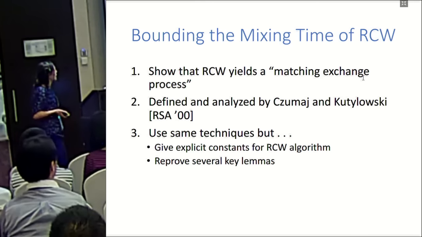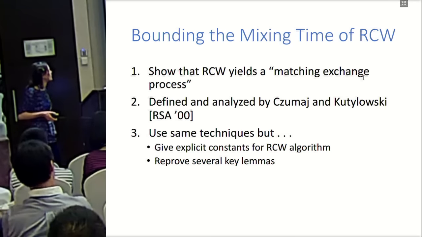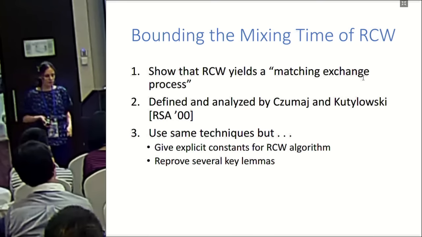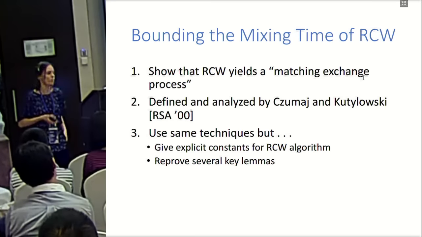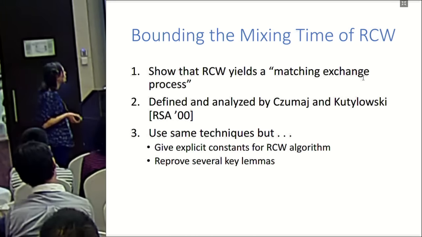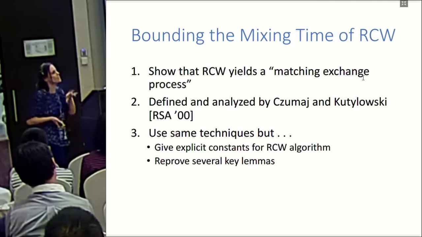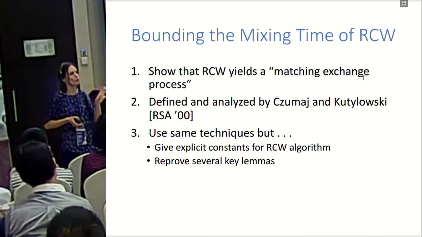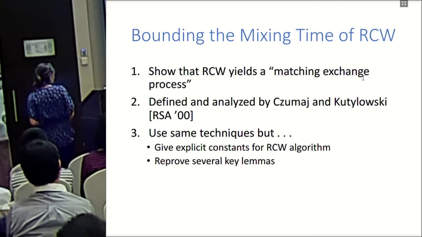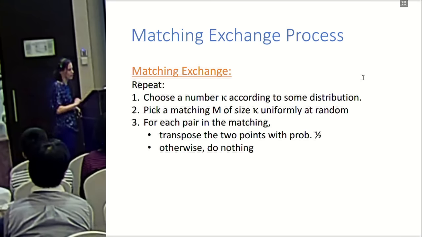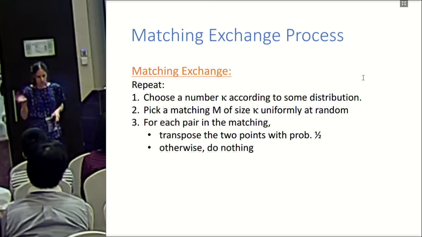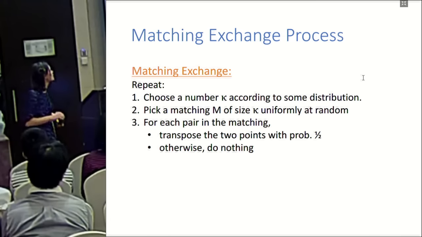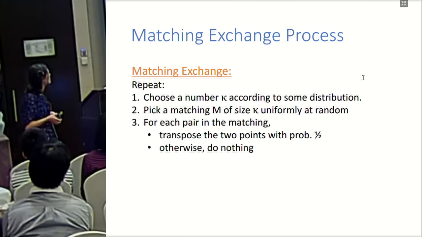And we do some modifications, and we dig into their proof, and we give some explicit bounds. So they give a big O bound, but no constants. And we reprove several of the key lemmas in the context of our setting. So they prove a more general bound in a more general setting. OK, so we do some customizations for our algorithm. So I'm going to start off telling you what the matching exchange process is, and then I'll dig in a little bit into the details.